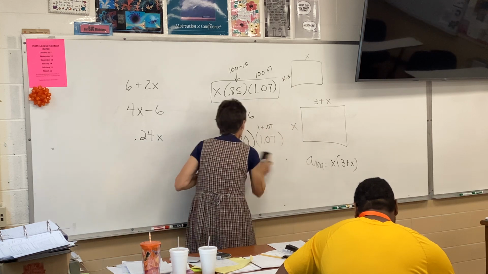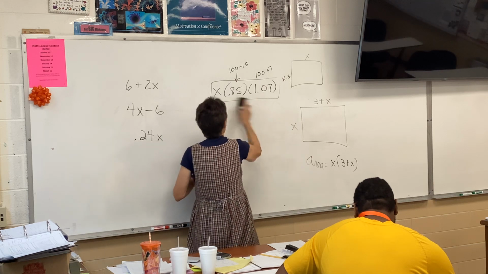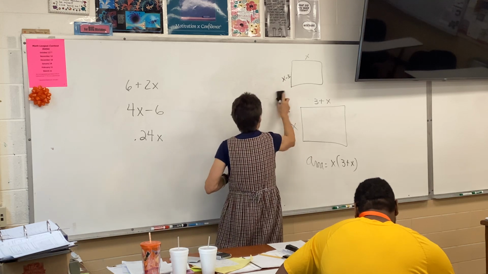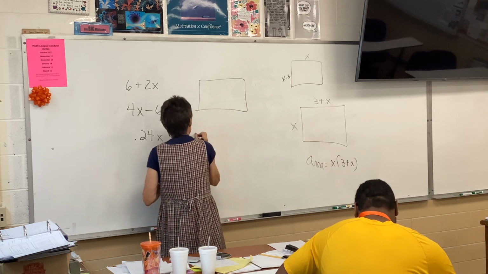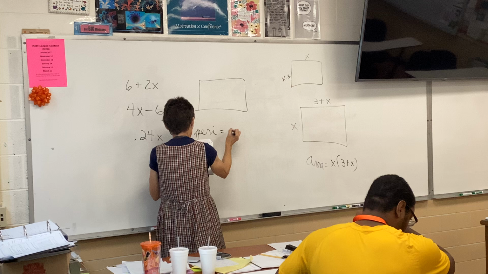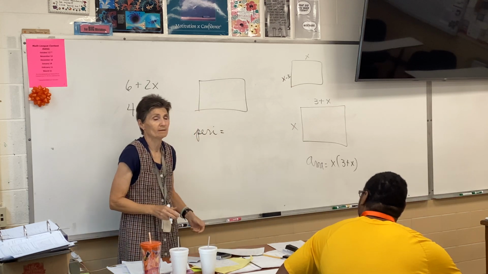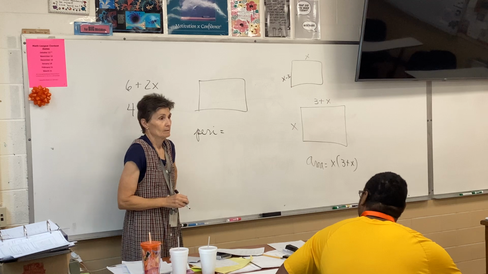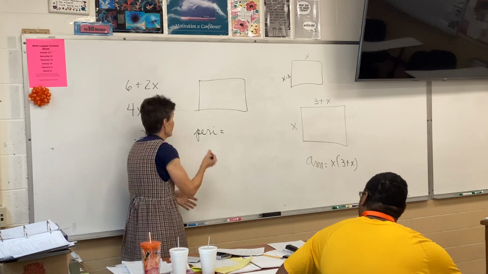One more rectangle. And then we're going to actually do some problems. The perimeter of a rectangle, okay, so I gotta find the perimeter of a rectangle whose length is twice the width. So put an X somewhere here.